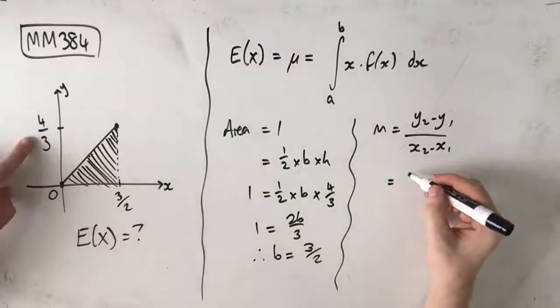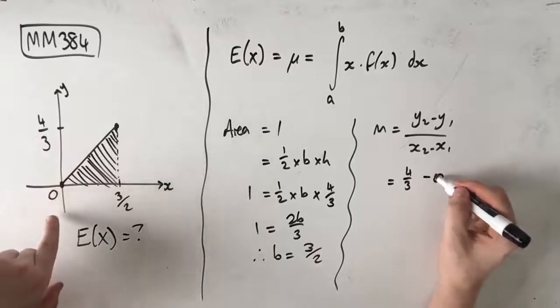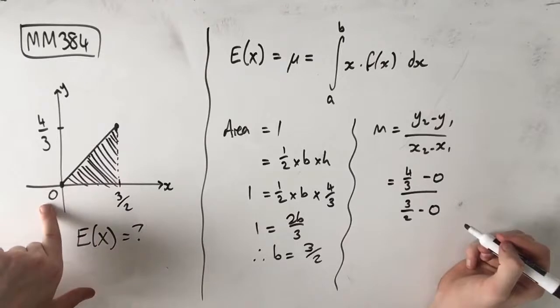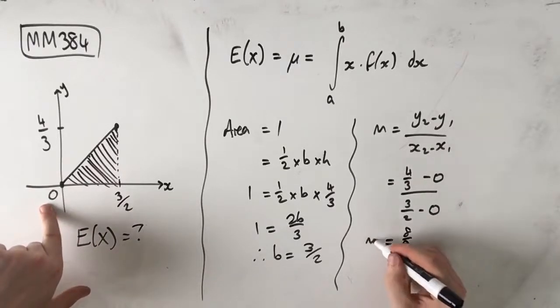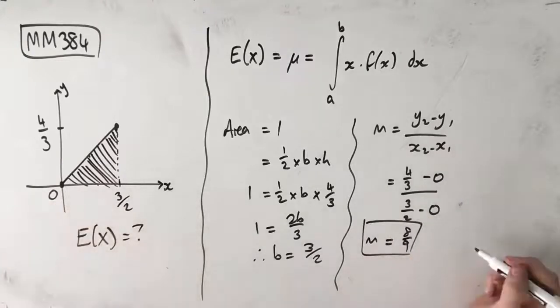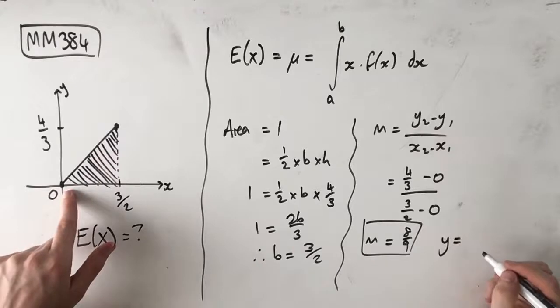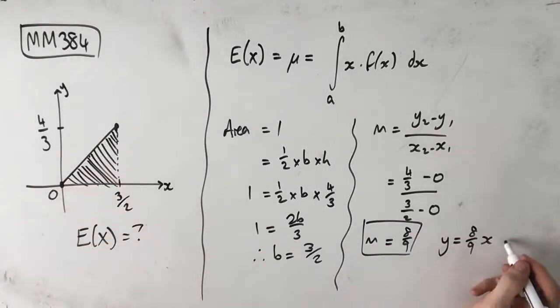So our y2 is 4 on 3, our y1 is 0, our x2 is 3 on 2, and our x1 is 0. Awesome. So then what we get from here is 8 on 9. So our gradient is 8 on 9. We can see that our y-intercept is 0, which means that our function is going to have an equation of y equals 8 on 9x plus 0, or just y equals 8 on 9x.